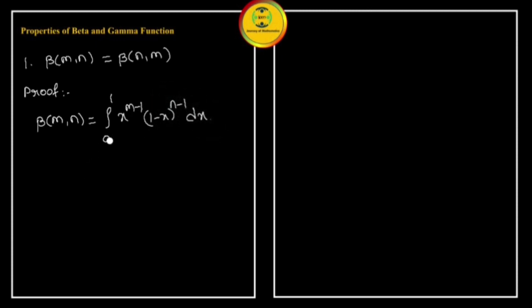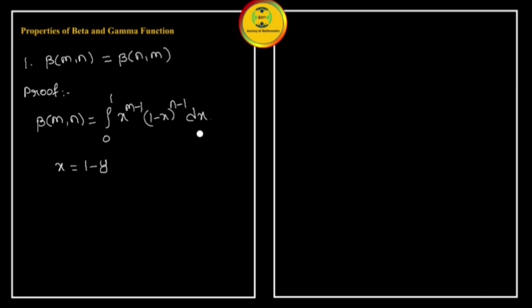Now I am going to replace the x value as 1 minus y. Since if I change the variable x to y, the limits also will change as follows.